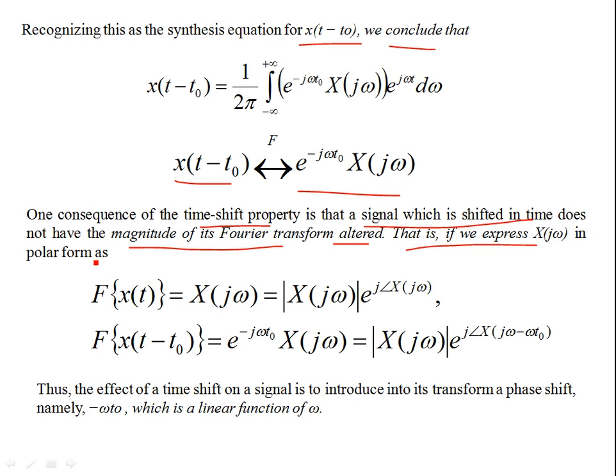If we express X(j omega) in polar form, in terms of magnitude and a phase response, then the transform pair of x(t minus t naught) is e^(minus j omega t naught) X(j omega). So there's just a change in the phase. Thus the effect of time shift on a signal is to introduce into its transform a phase shift, namely minus omega t naught, which is a linear function of omega.